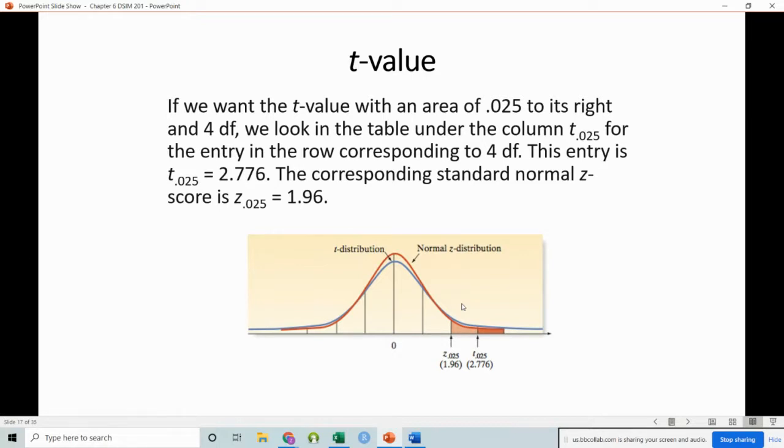Previously, when we were talking about it, we said for a 95% confidence level, that'll give us an alpha of 0.05, and then 0.05 divided by 2 is 0.025. So that's how we get 1.96 for z 0.025, and 2.776 for t 0.025.